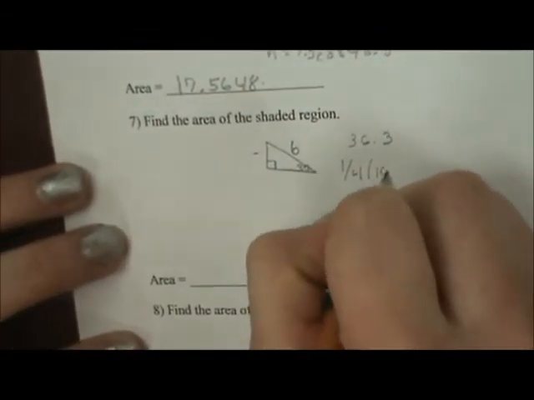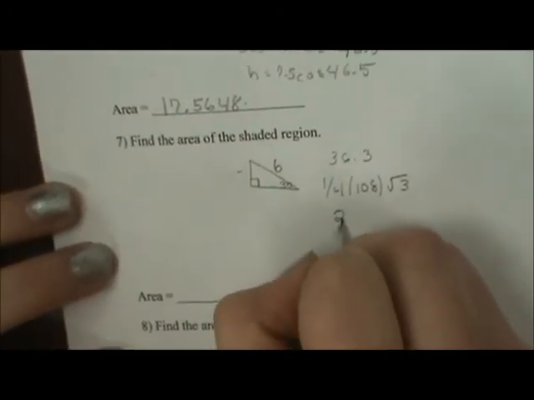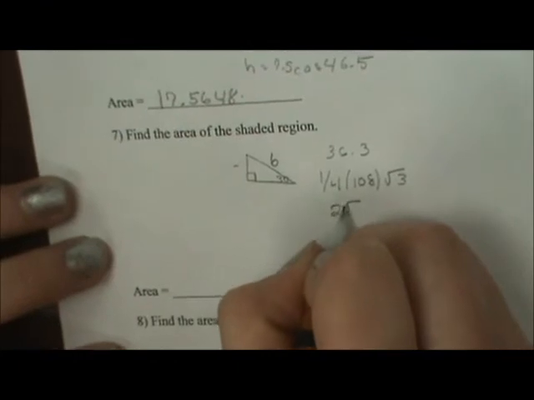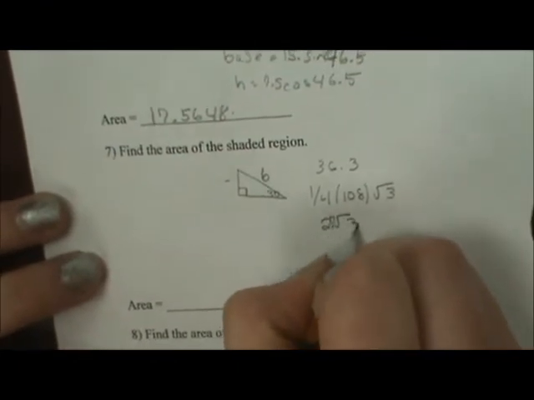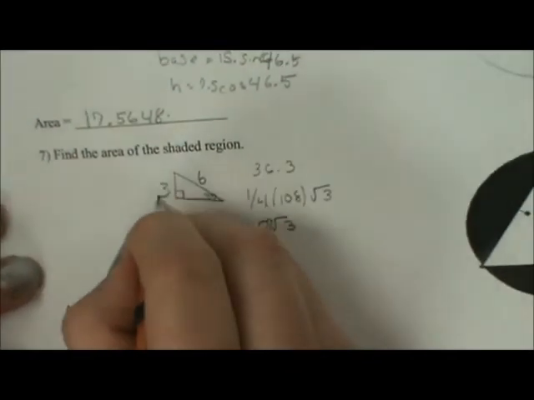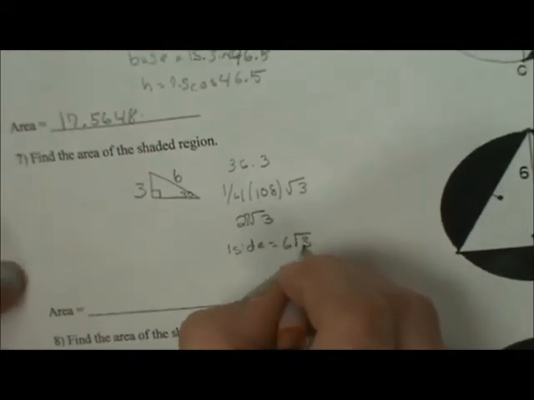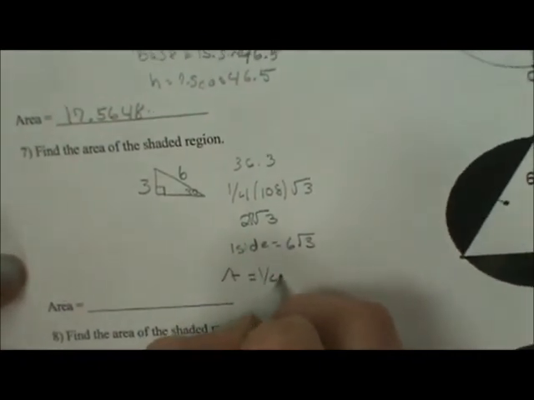So we have 1/4 times 108 times the square root of 3, and multiply that out, and you have one side equaling 6 times the square root of 3.